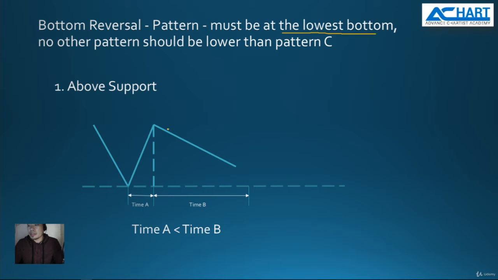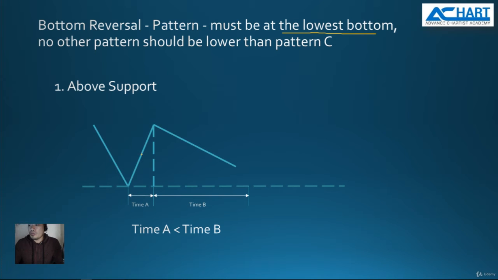But the seller is not aggressive enough, and it does not end lower than the demand line's beginning point. It ends up at a higher point. So if we notice this pattern, it actually makes power up.